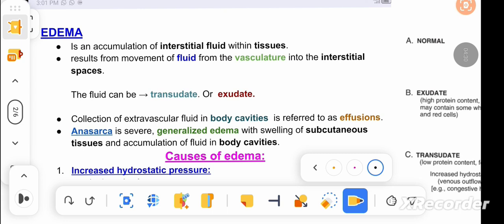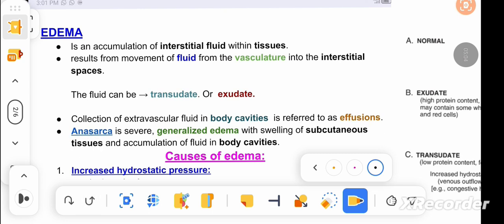Apart from effusions, we have what we call anasarca. So anasarca is simply a severe generalized edema, and this edema is marked by swelling of the subcutaneous tissue and accumulation of fluid in body cavities. So we have effusions accompanied by swelling of the subcutaneous tissue.